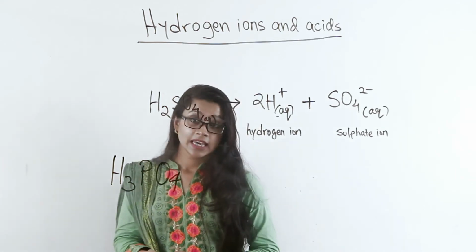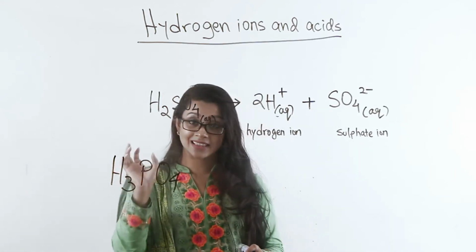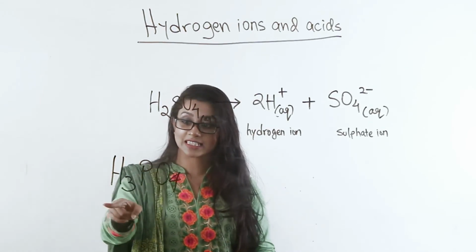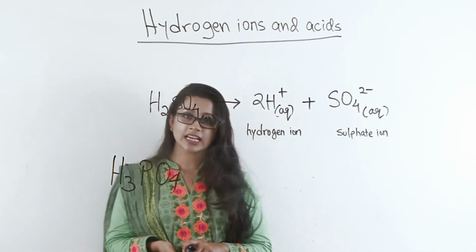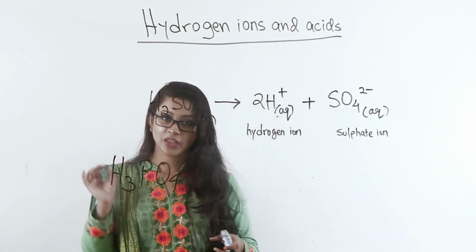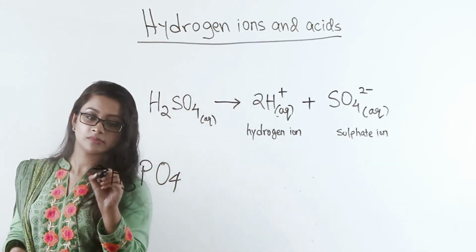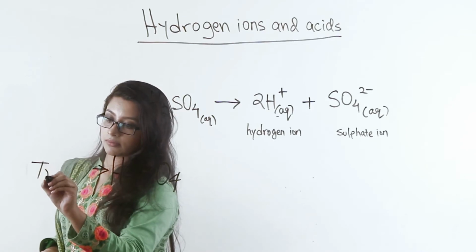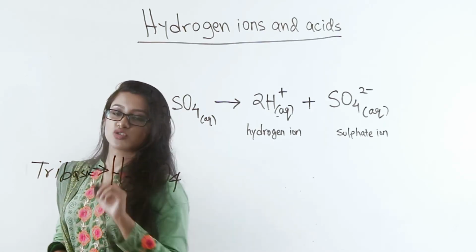You see the number of hydrogen atoms present in this particular acid is 3. As a result, it can release up to 3 hydrogen ions per molecule of acid. As a result, it's known as a tribasic acid.